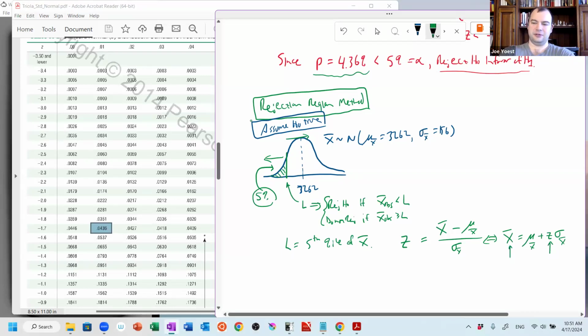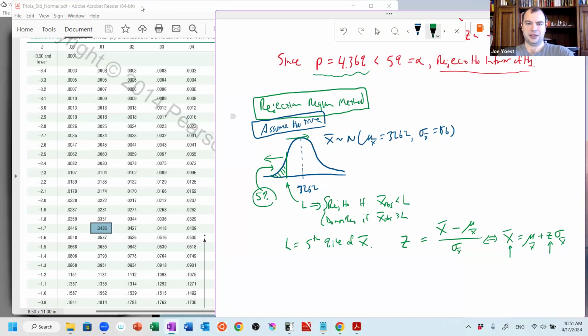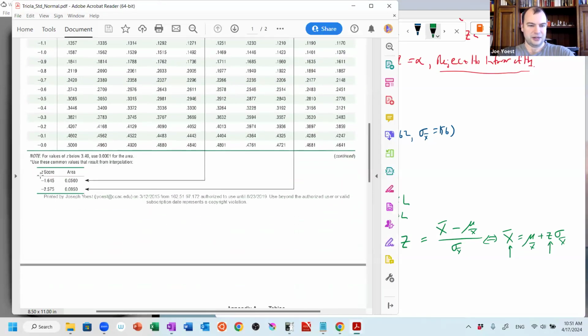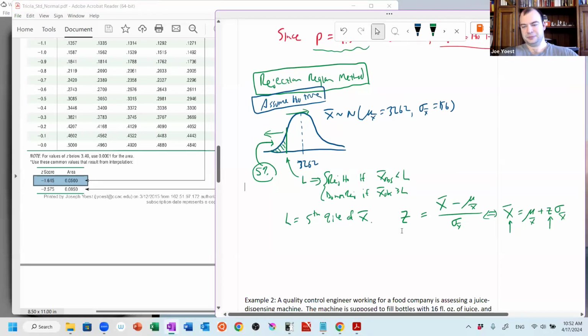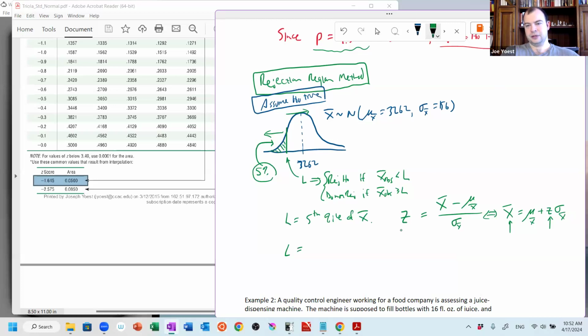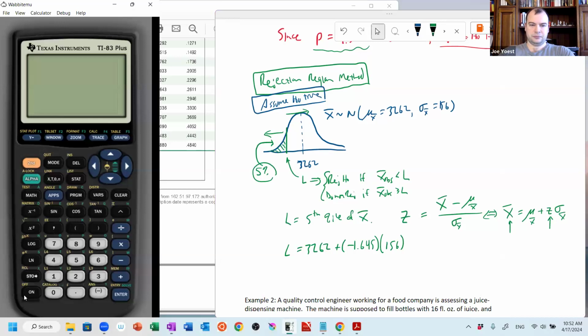To get the 5th percentile of the distribution of X bar, I first find the 5th percentile of Z. I can find that down here pretty easily. I see area to the left of 0.05 is associated with a Z index of negative 1.645. So I have my mean 3262 plus a negative 1.645 times sigma X bar, which is about 156. So this will be 3262 minus 1.645 times 156.